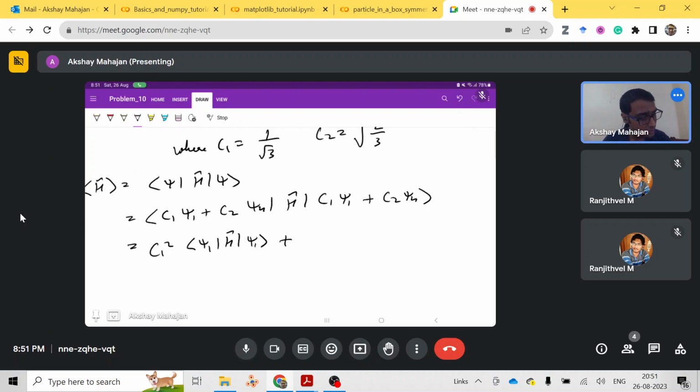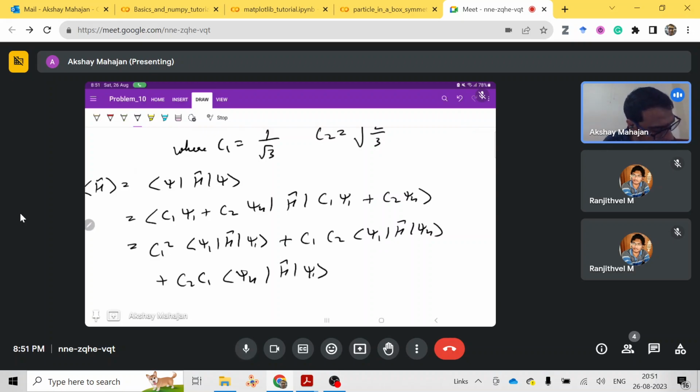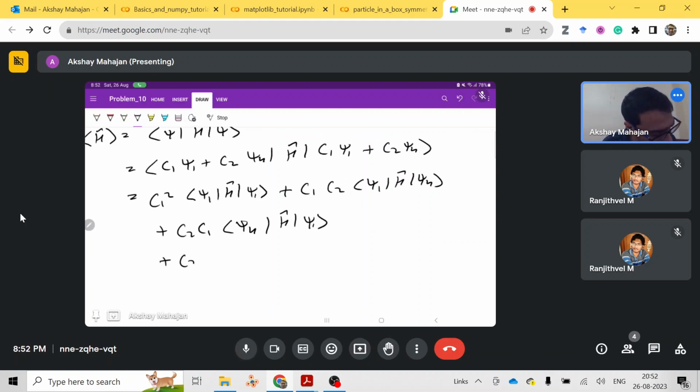So here you can just calculate it: C1 square psi 1 H cap psi 1, then C1 C2 psi 1 H cap psi 4, plus C2 C1 psi 4 H cap psi 1, plus C2 square psi 4 H cap psi 4.